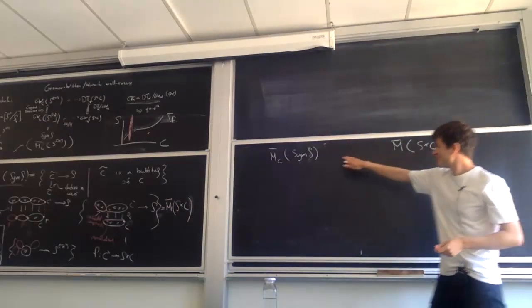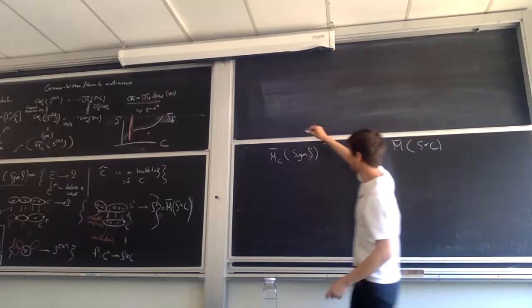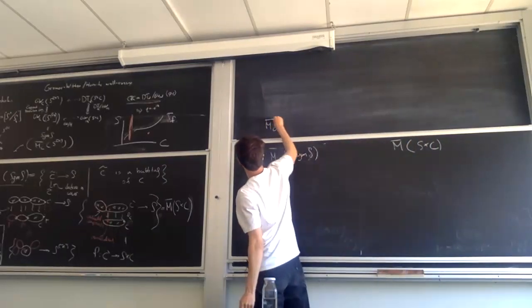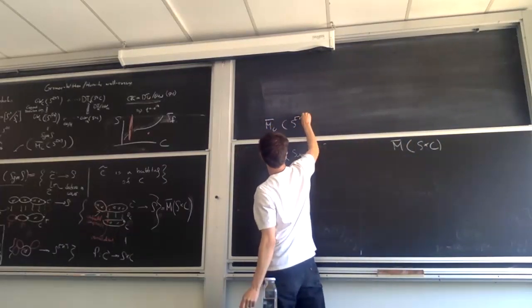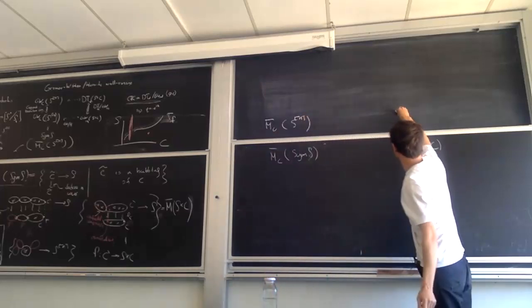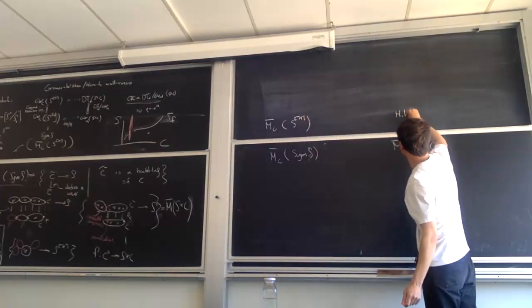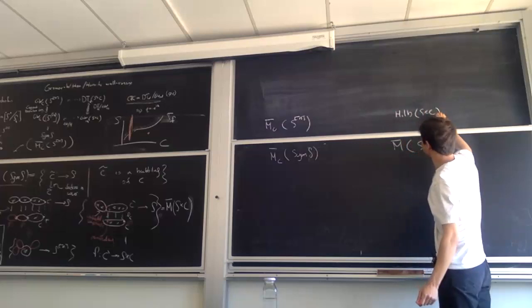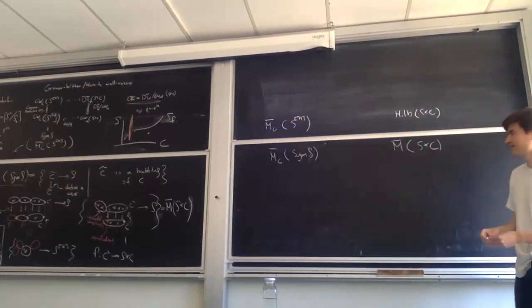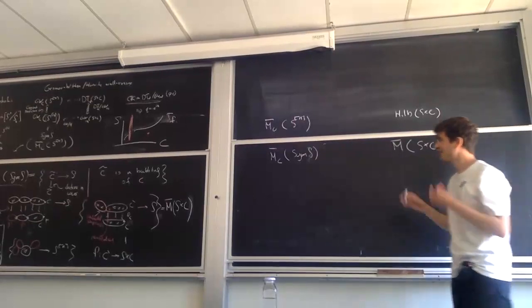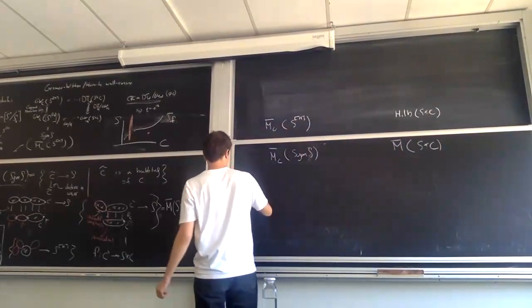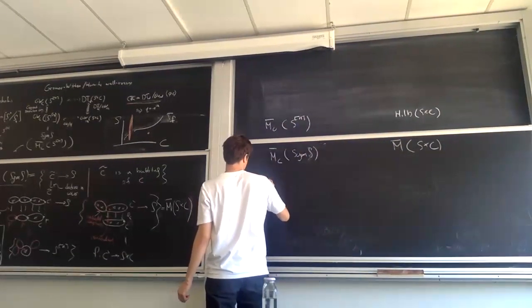So we have these two situations now, right? This is exactly the same as maps to the symmetric Hilbert scheme of n points, the Hilbert scheme of S times C. Now there is a bug here, or more like a feature as well.